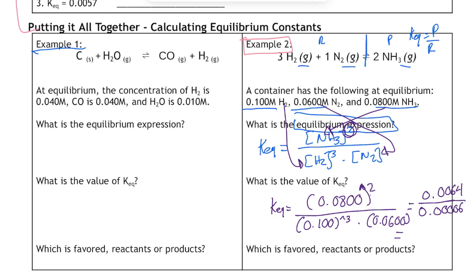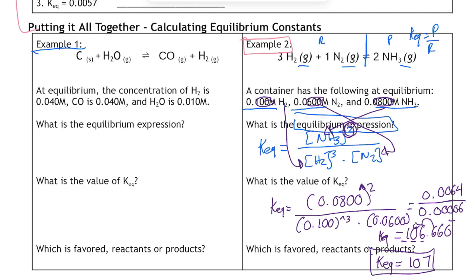And if we divide them, we get KEQ equals 106.666, and go on and on and on. We have 3 significant figures right here, 3 significant figures. So we're going to do 1, 2, 3. And that is KEQ is the same as 107, no units.